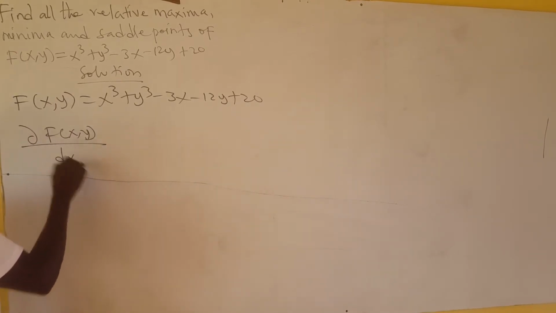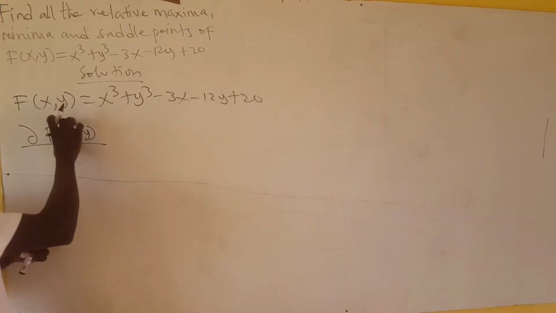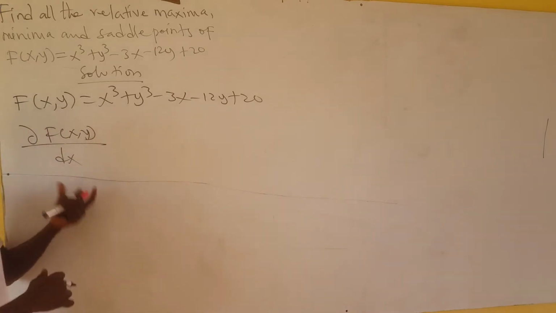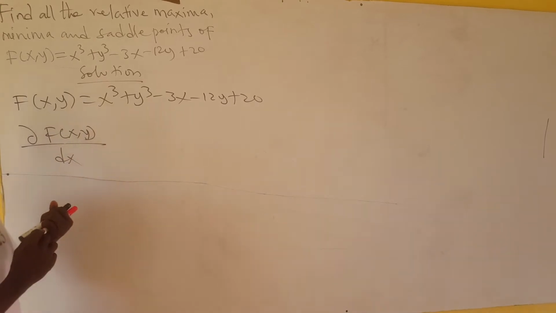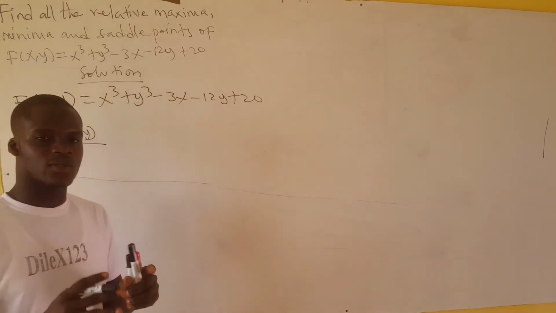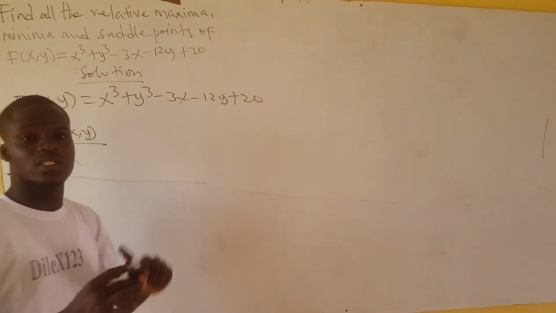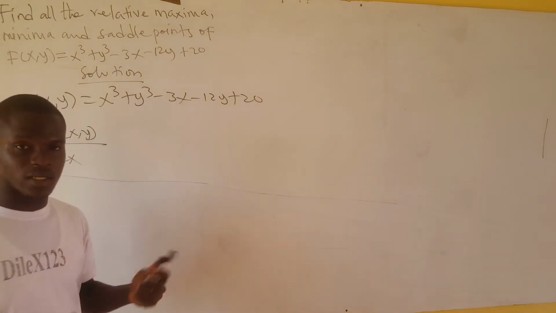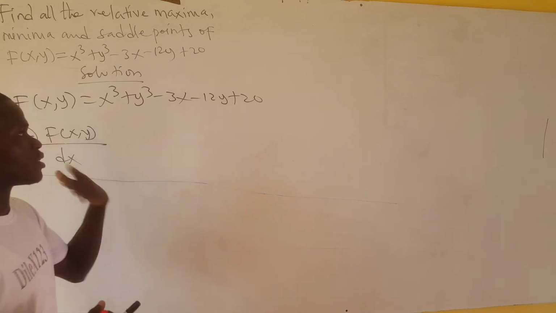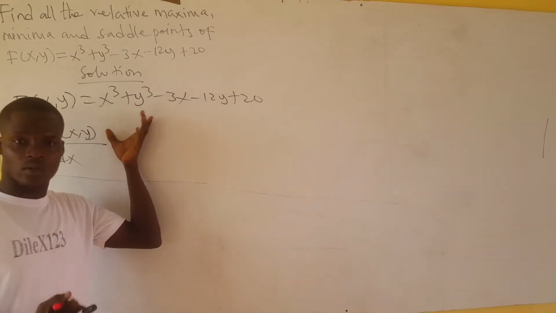So let's find the first one with respect to x, meaning that we are differentiating the function partially with respect to x. If you are differentiating with respect to x, what it also means is that any other variable present in this function which is not x is considered a constant. So when we are differentiating with respect to x, y will be a constant.